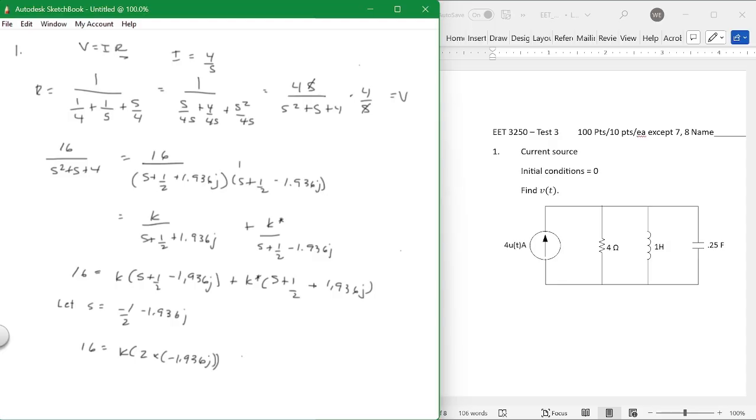K is equal to 16 over 3.872j, which is equal to 4.132 at angle 90 degrees.